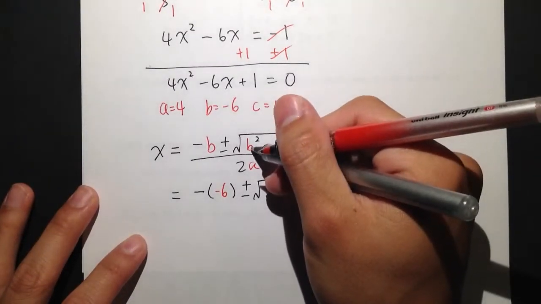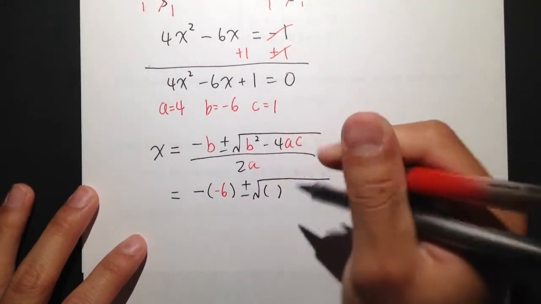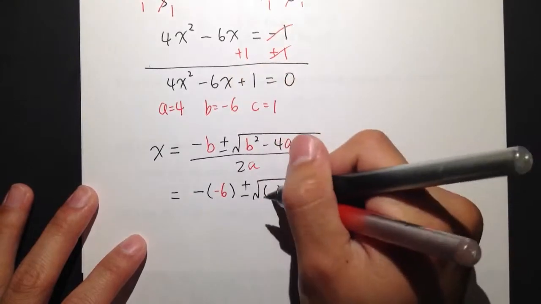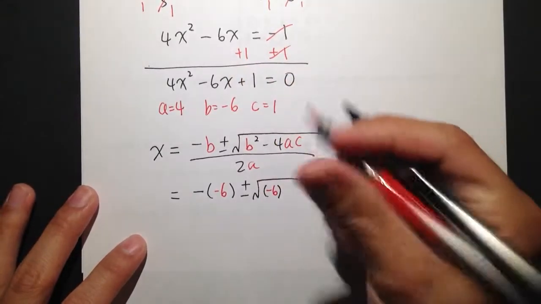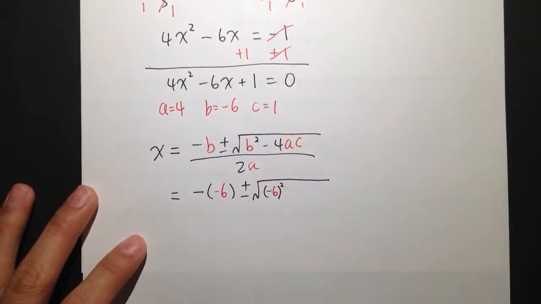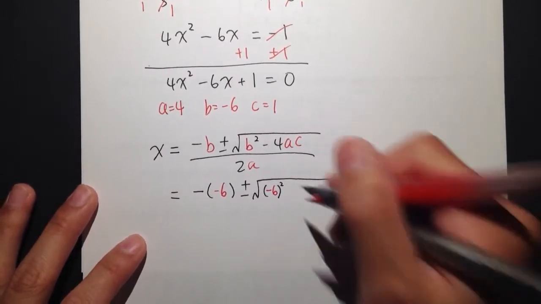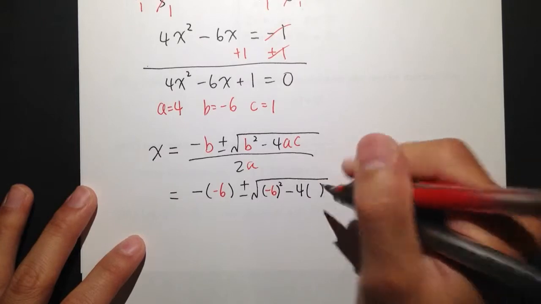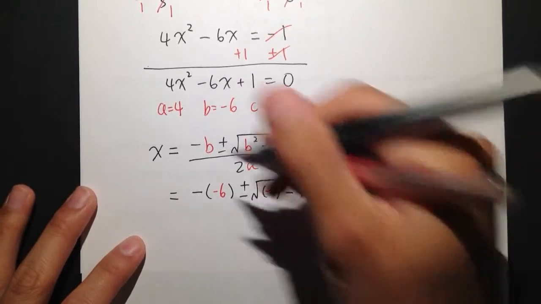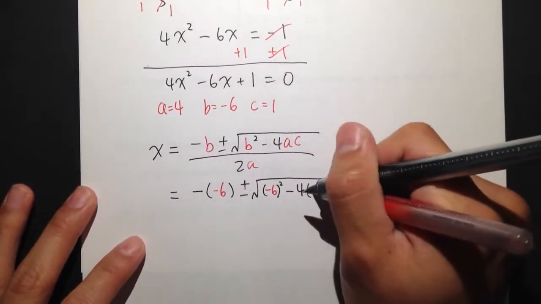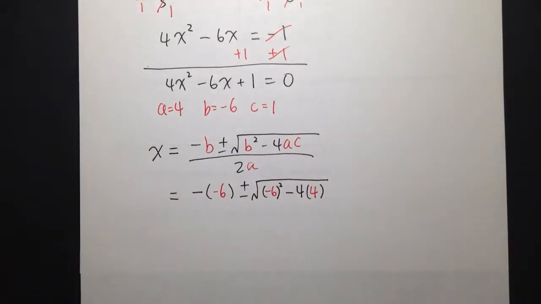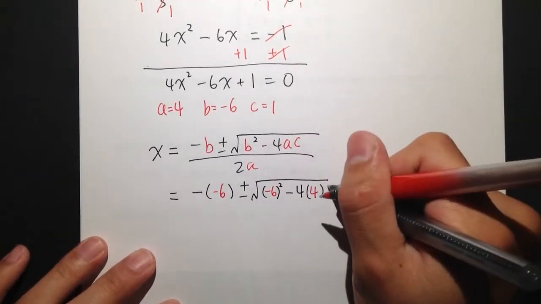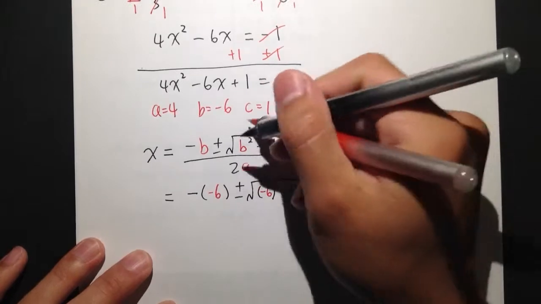I see the b inside. Let me open the parentheses and put a negative 6 inside of that parentheses, and raise that to the second power, like that. Minus 4. I see the a. Open the parentheses. The a is equal to 4. Then c. I see the c. I open the parentheses. c is equal to 1.